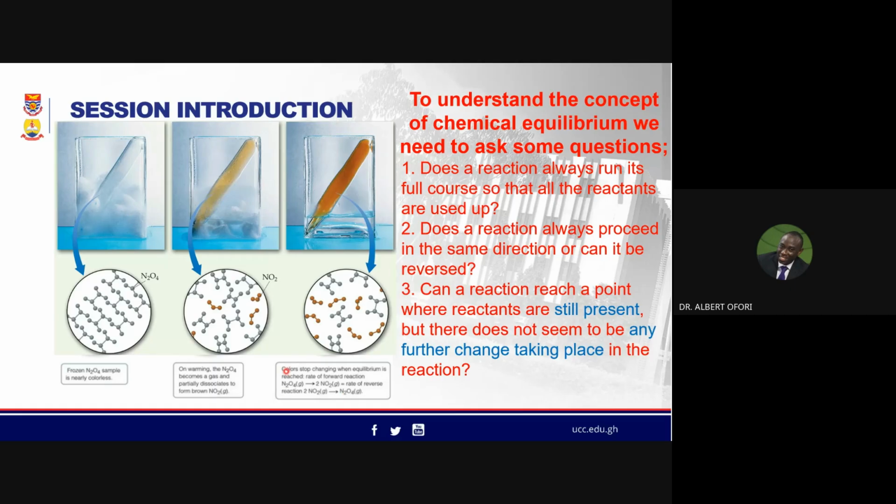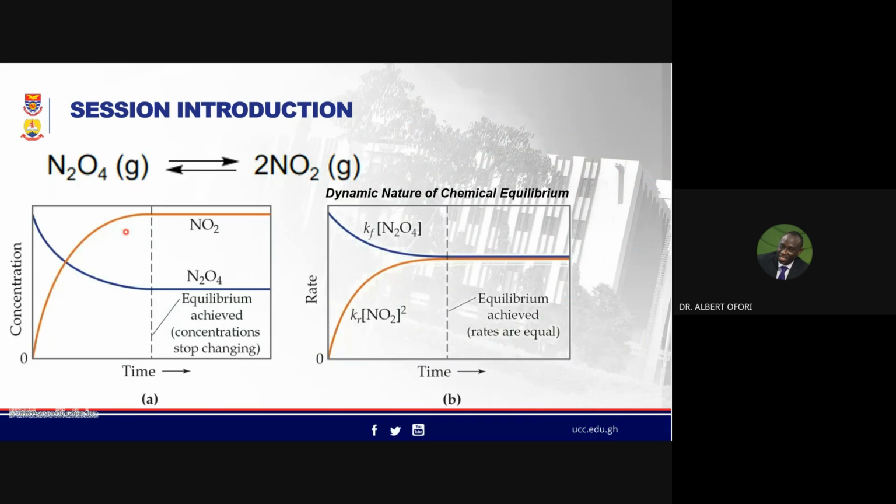The color builds up from white to yellow and then to brown, where the nitrogen dioxide is being formed. But later the color fades back again. So we can establish that an equilibrium is being established.